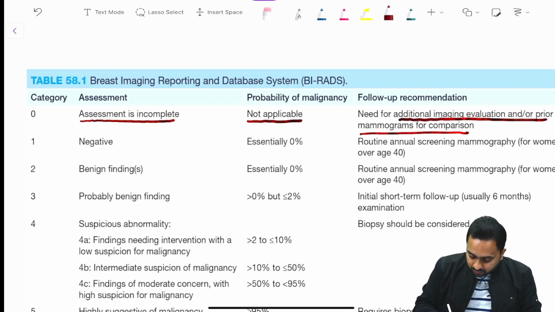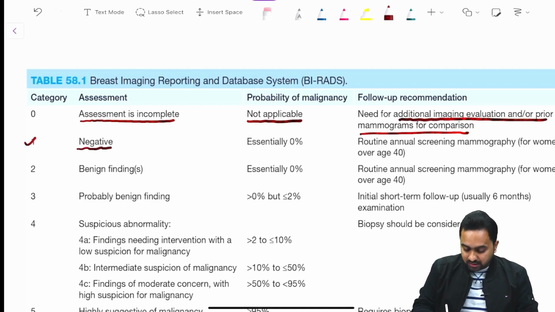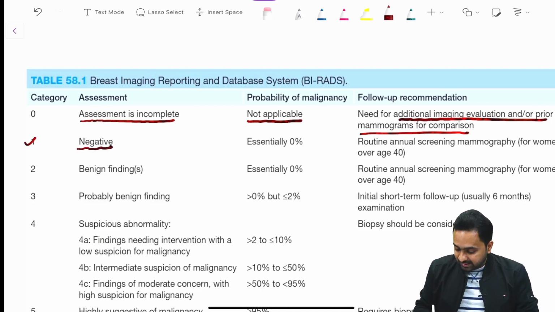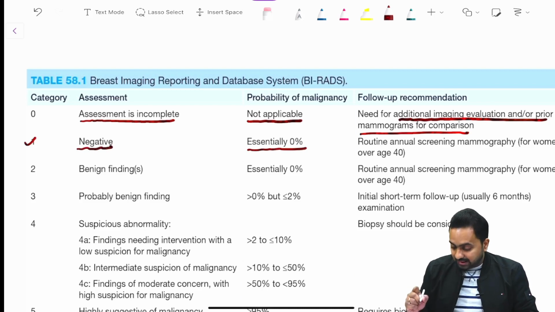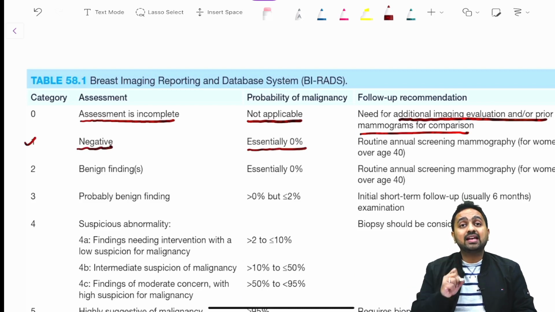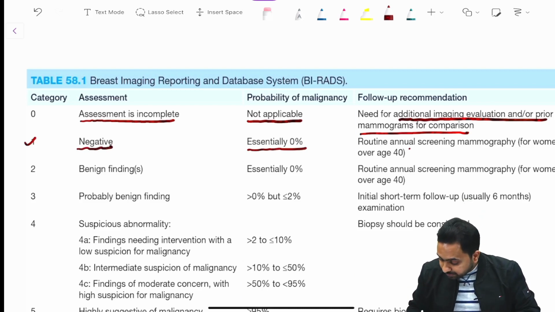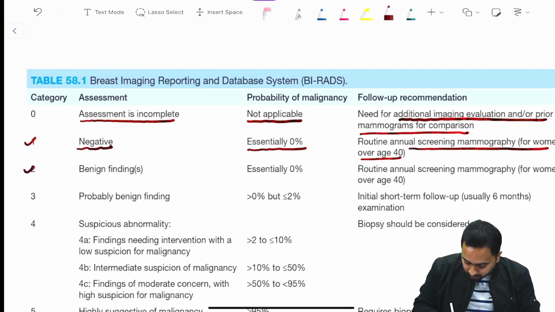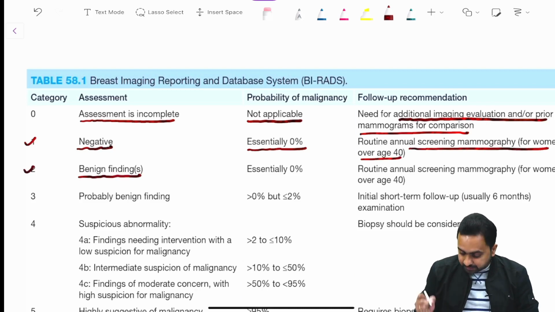Then you have your first category, which is your negative. So the probability of malignancy over here is essentially 0%. Now the follow-up recommendation in category 1 includes your routine annual screening mammography for women over age 40 years. Then we have your benign findings.